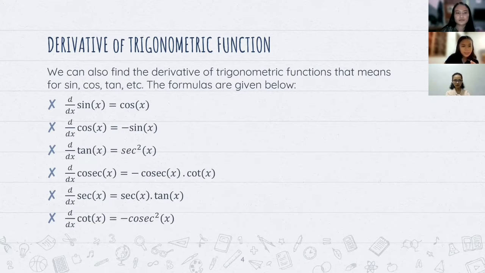Fourth, d over dx of cosecant x equals minus cosecant x multiplied by cotangent x. And then d over dx of secant x equals secant x multiplied by tangent x. And d over dx of cotangent x equals minus cosecant squared x. That's for the review. Let's discuss the examples.